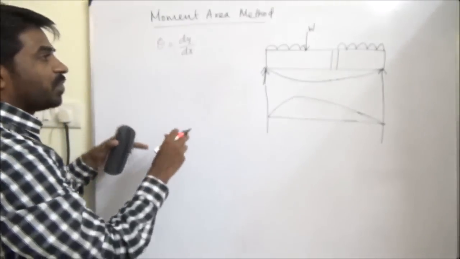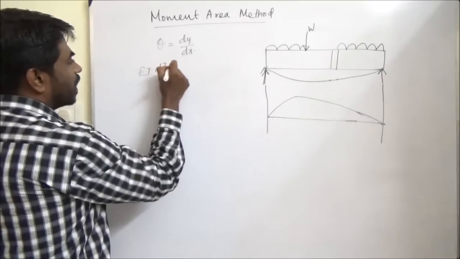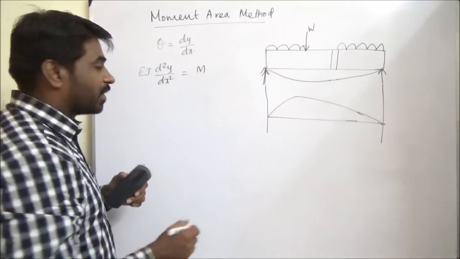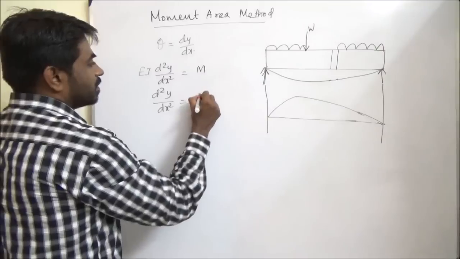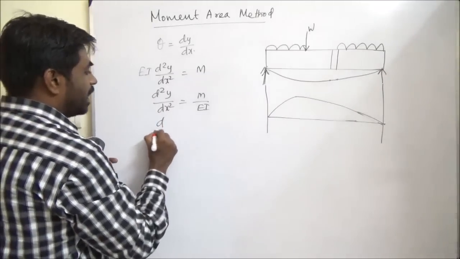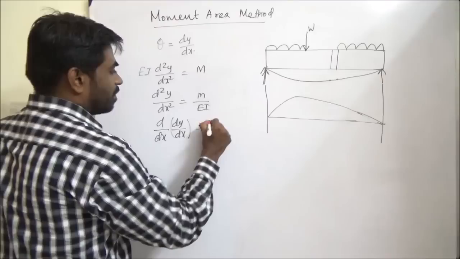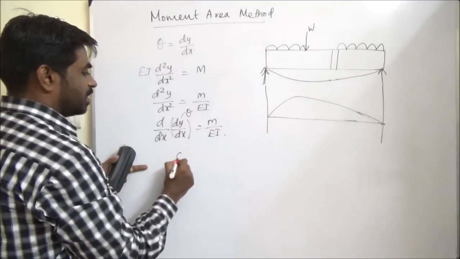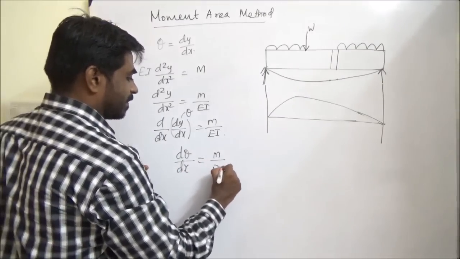We also know for a beam EI d square y by dx square equal to bending moment. So d square y by dx square is M by EI. So d by dx of dy by dx is M by EI. This is nothing but your theta. So d theta by dx equal to M by EI.